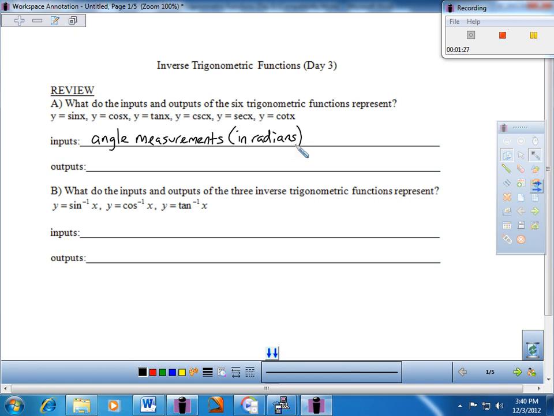All right, now the outputs would be each of the particular ratios. In fact, that's what I'm going to write in the blank here. Each one is defined differently, so we do have to be careful on that. But every angle measurement, and we're talking about it in radians, has 6 ratios that go with it. So we would be looking at the particular ratio at that angle measure.